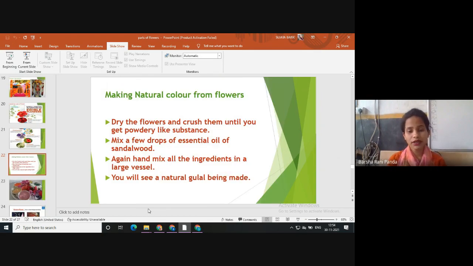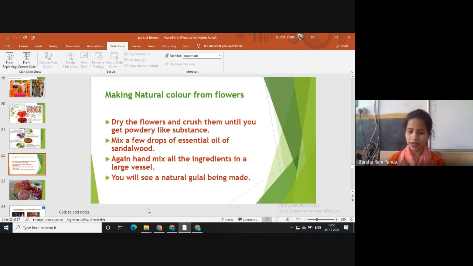Okay, next, flower is also used for making natural colors, जिसे हम गुलाल बोलते हैं. What is the process of making natural color? We dry the flowers, then crush them and get a powdery substance. Then we mix a few drops of essential oil of sandalwood to give it some fragrance.